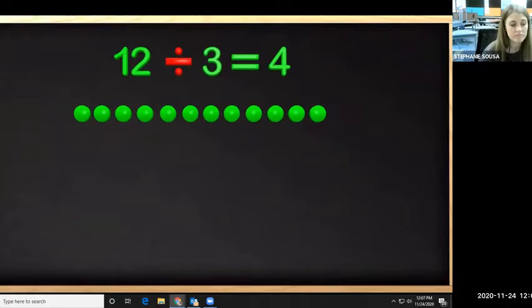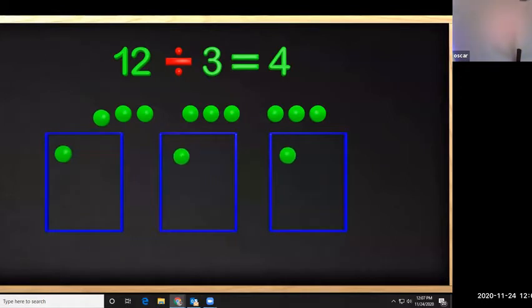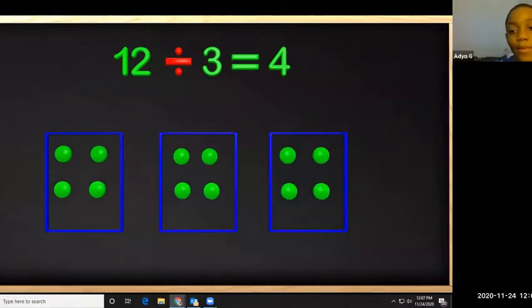In a division problem, you start with the total number of dots. The problem is telling us that we will take 12 dots and divide them equally among 3 groups. We will put a dot in each group until all dots are gone. Can you tell me how many dots are in each group? There are 4 dots in each group, just like the answer.